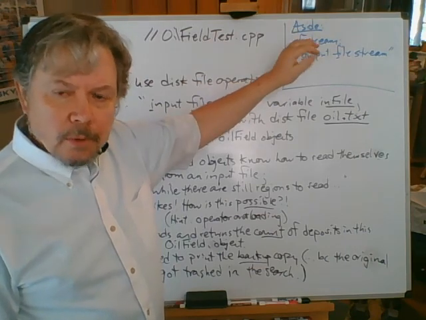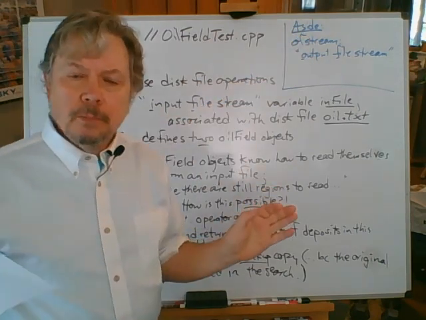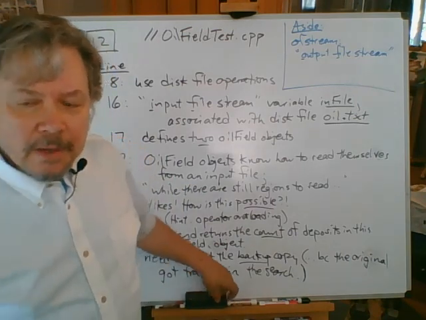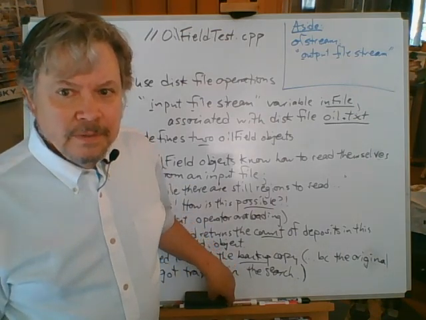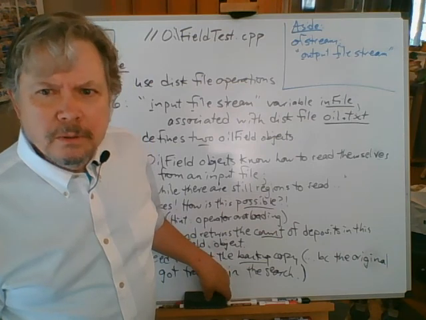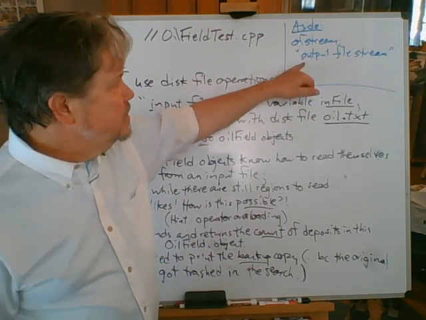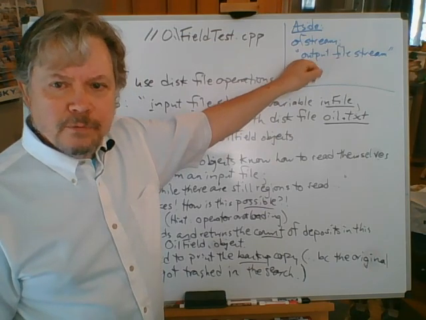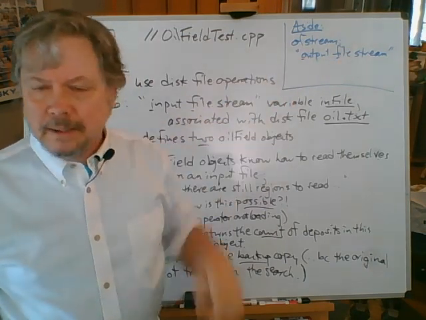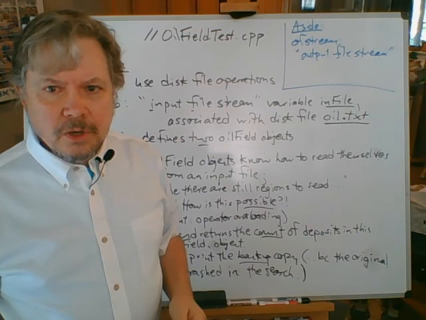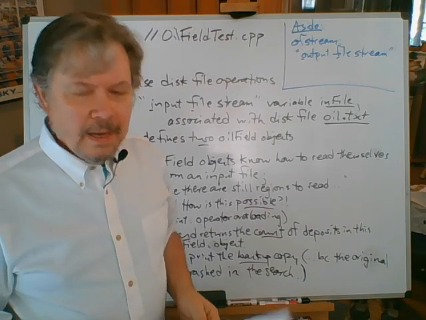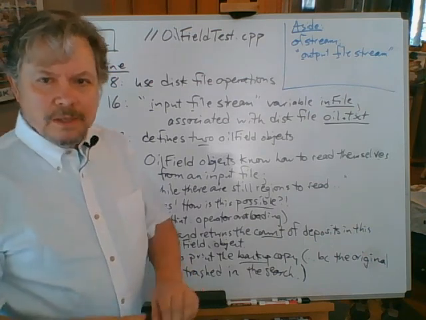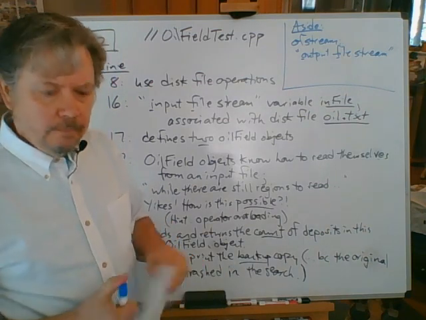If you open an output file stream, boom, the next line your program crashes, then you've already erased the earlier copy of that file out on disk. So if I had oil2.txt, for example, that I want to send my results to, then as soon as I open oil2.txt for writing, it's been blanked out. It's an empty file until I start sending things to it, regardless of whether or not I ever send anything to it.